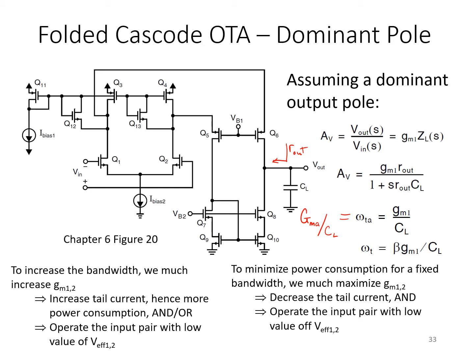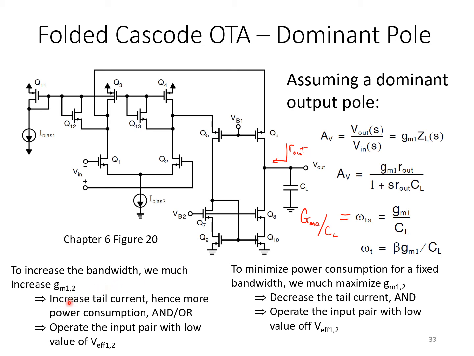So when it comes to designing this folded cascode amplifier, we can already draw some simple conclusions from this first order analysis. First of all, for fixed load capacitance CL, in order to increase the bandwidth of the closed loop amplifier, omega T, we've got to increase gm1, right? Because if CL, the load cap, is fixed, beta is determined by the desired gain of the closed loop configuration. So really, it's only gm1 that we as designers can control.